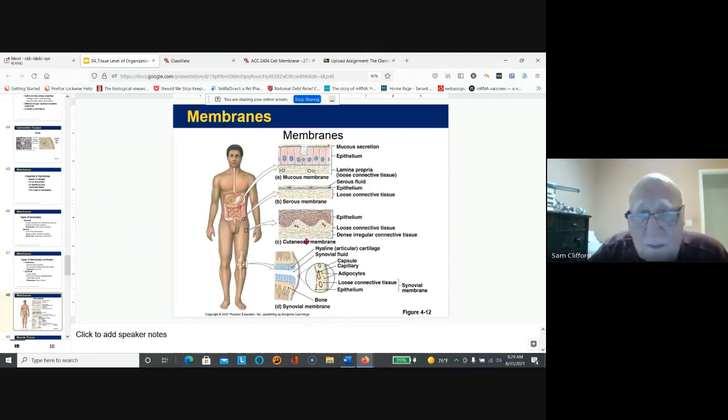The cutaneous membrane is loose connective tissue with stratified squamous tissue exposed to the air. So that's skin. So then we have the synovial membrane. So those are the 4 types of membranes.